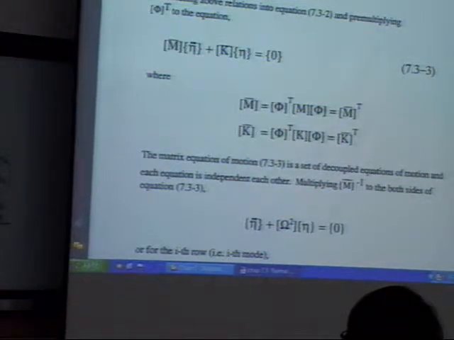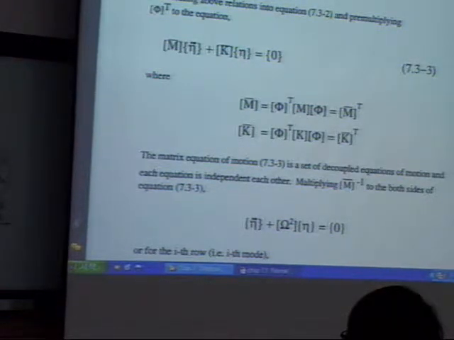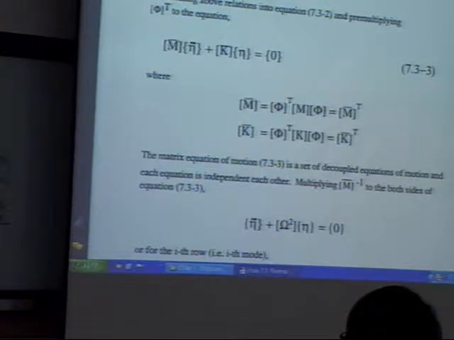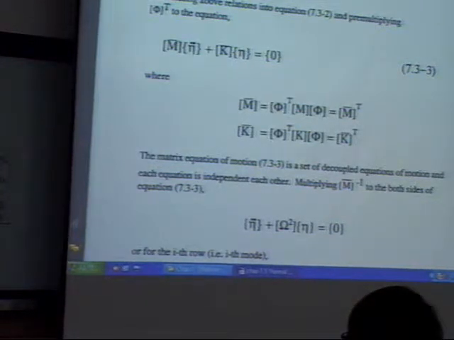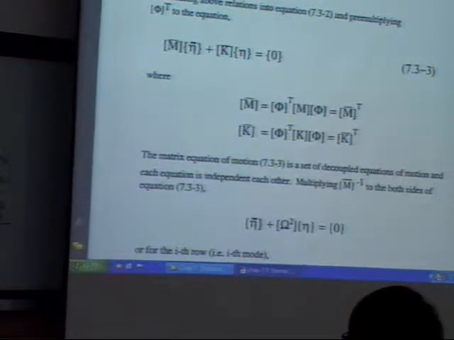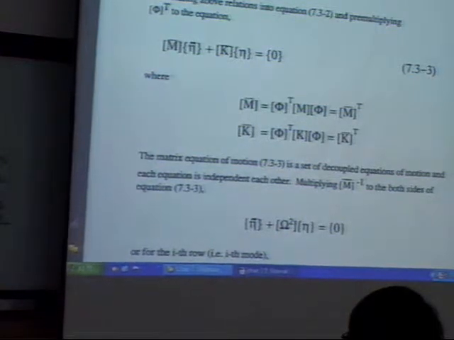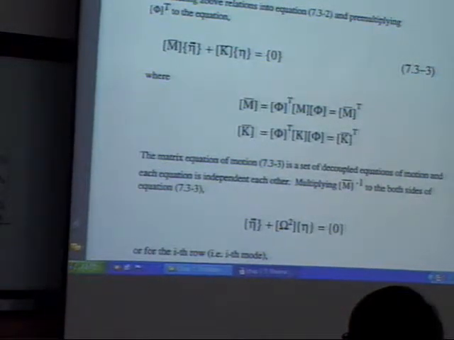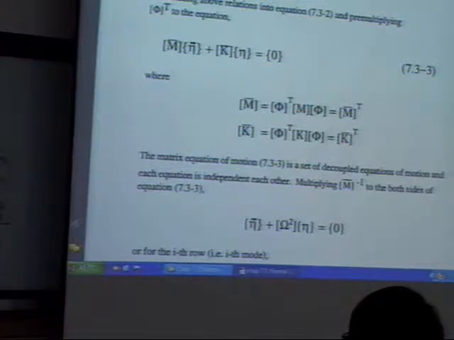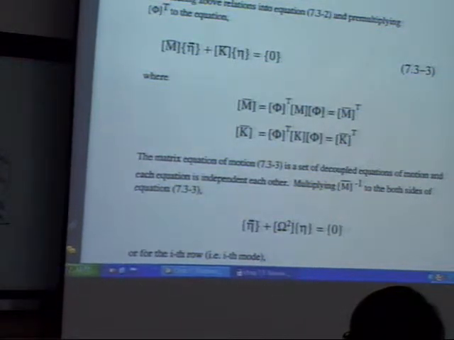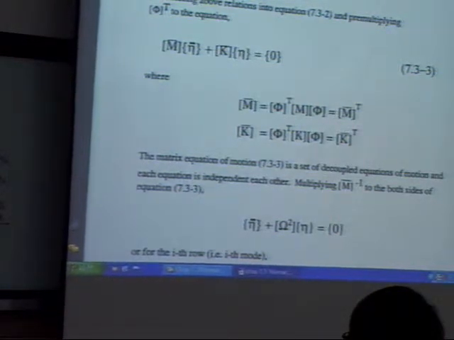This phi is a full matrix because each column is a mode. So when you have this phi transpose M phi and phi transpose K phi, there is a particular modal characteristic.